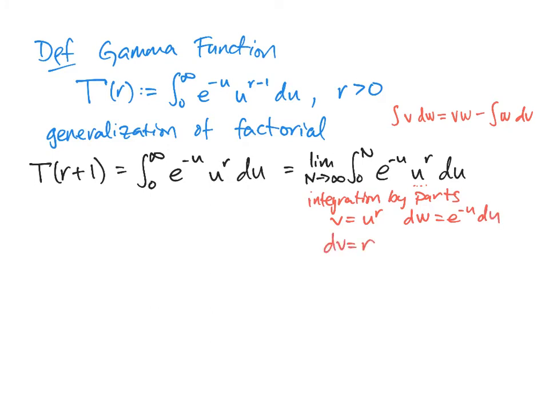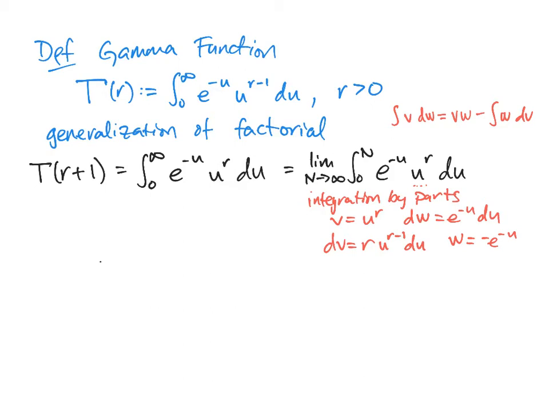So dv equals r u to the r minus 1 du, and w equals negative e to the negative u. Okay, that's easy enough once we got everything sorted out.